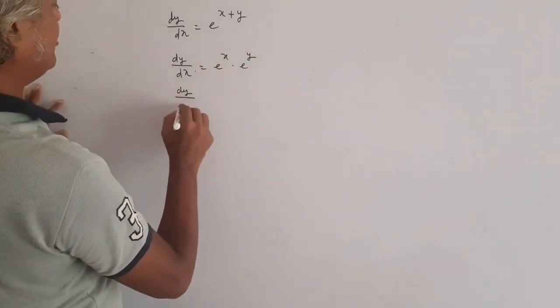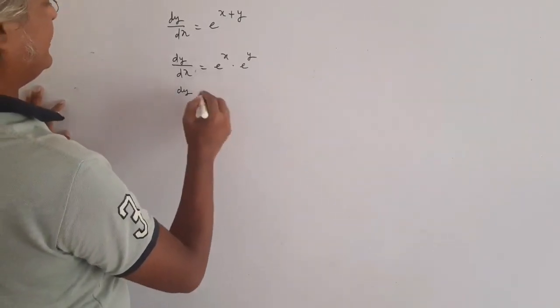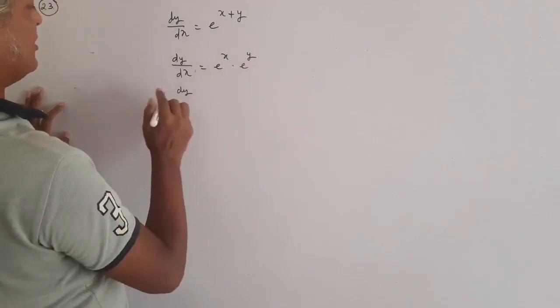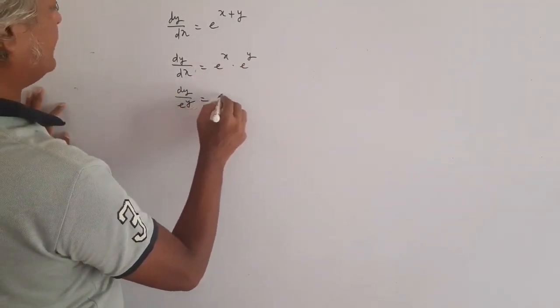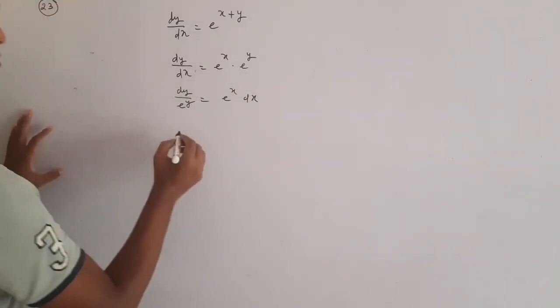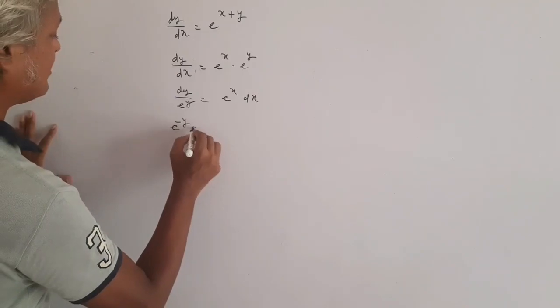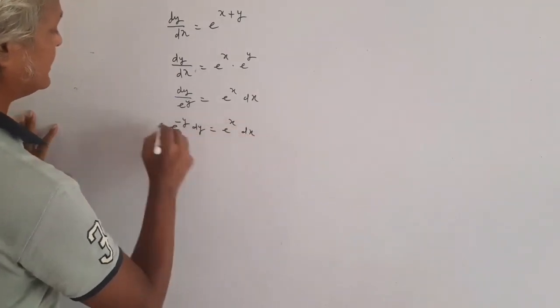So dy over e to the power y is e to the power x dx. Again one more step: e to the power minus y dy is e to the power x dx.